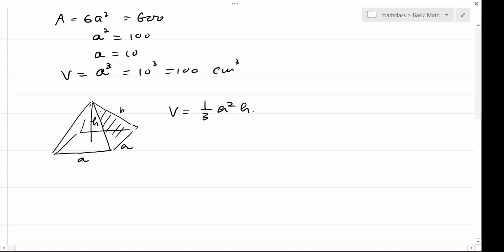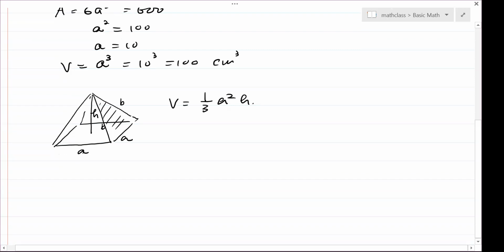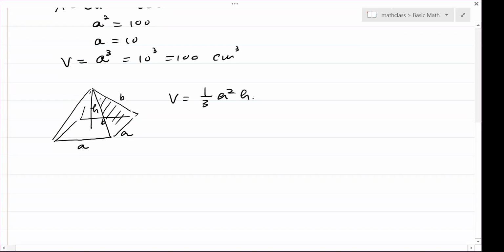If this side is B and this side is B, this is an isosceles triangle. It's not easy, because B, A, H are related. I want to apply the Pythagorean theorem to solve the problem. So what's the relationship between B, A, and H?